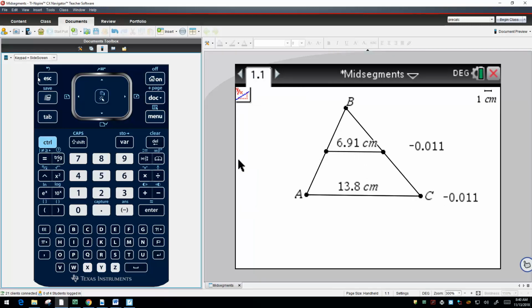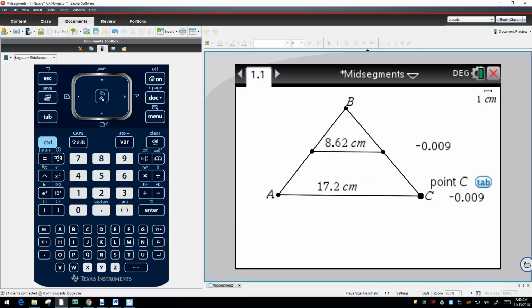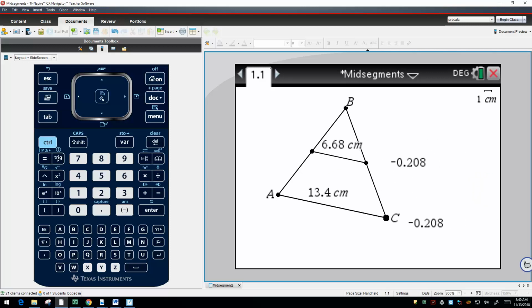And again, that should be pretty obvious. No matter what happens, even if I were to pick a different point, I could see that they're going to be half the length, and it also looks like they will be parallel. So as we're moving through with our midsegments, we want to keep those two important properties in our mind.